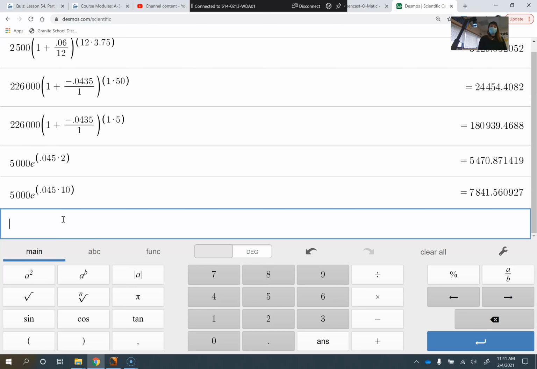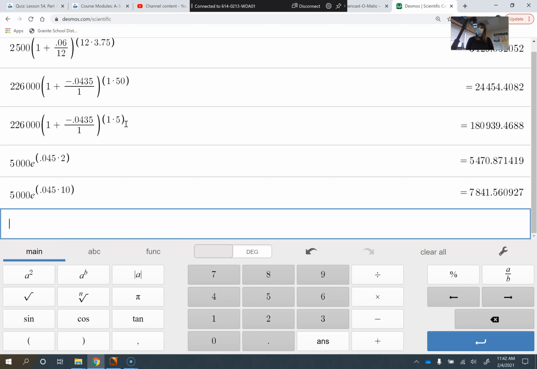So now you can do the same for the big ugly formula. For me, I did that in my calculator. So I'm going to have to copy it from my calculator. And the only thing that you change is 2 times 10 in the exponent. Everything else stays the same. You just change that very last number in the exponent to a 10.